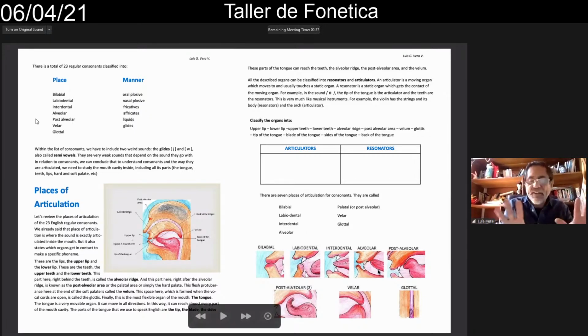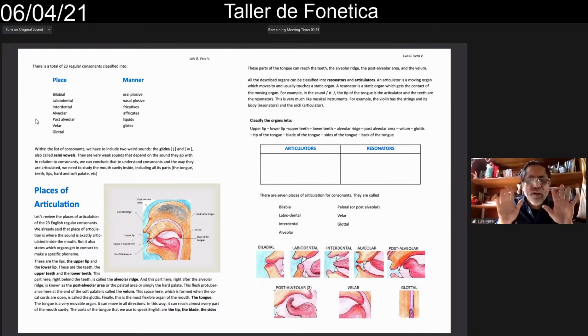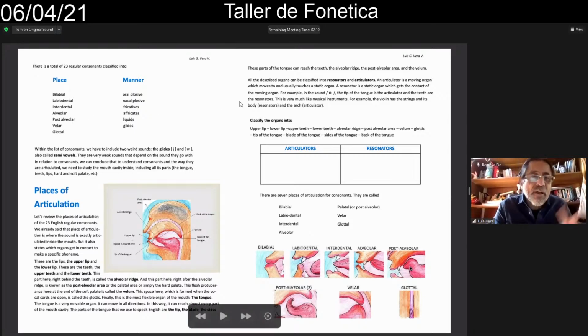We have lots, como 9 sounds, 6 sounds. We have t, d, s, z, n, l, r. 7 sounds in alveolar. Ahí los vamos a ver. Post alveolar, we have 4: sh, ch, j.